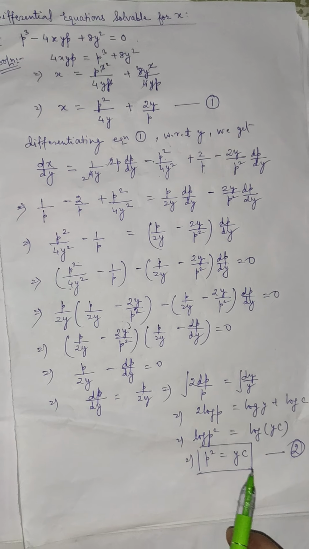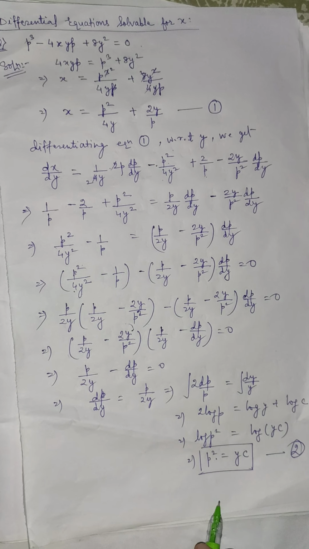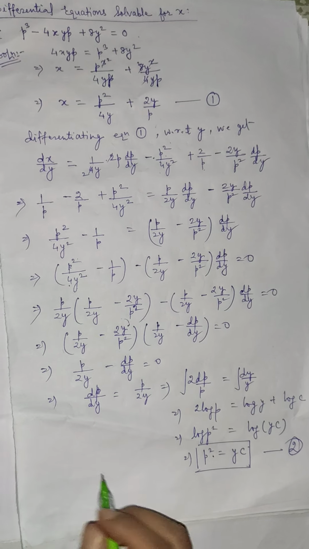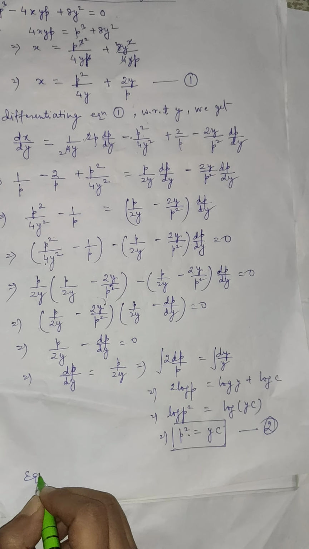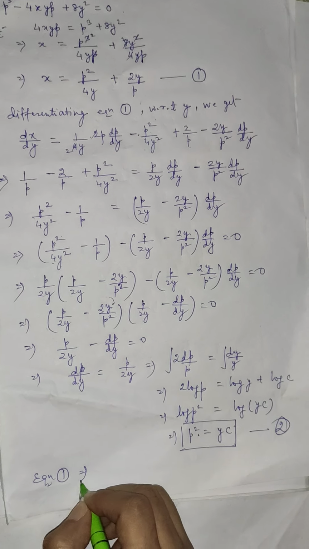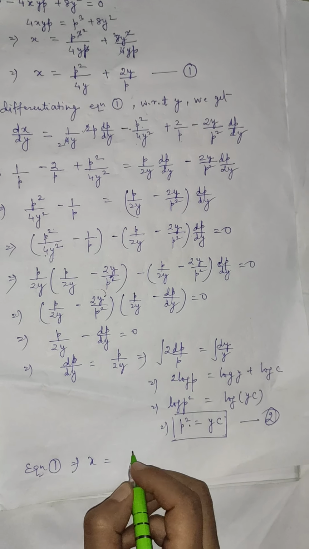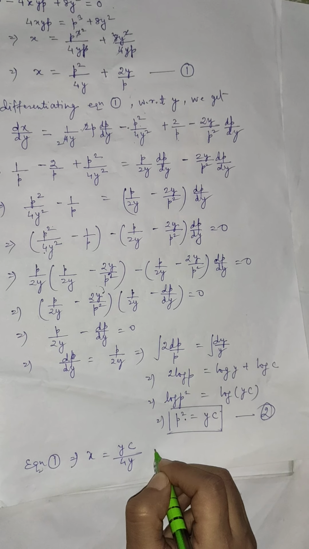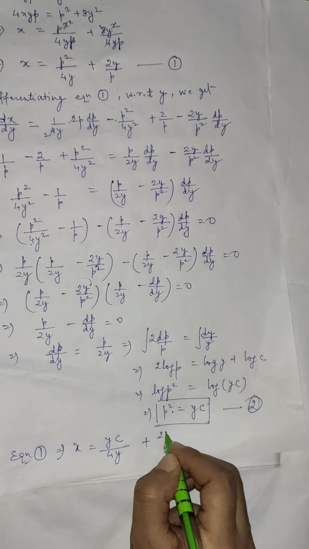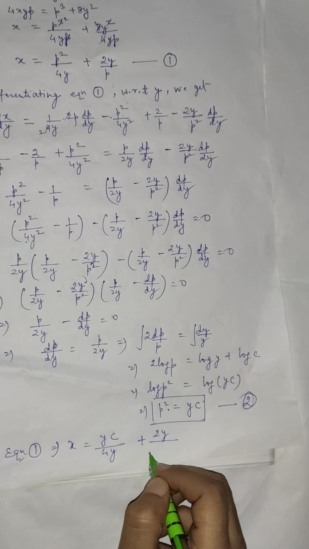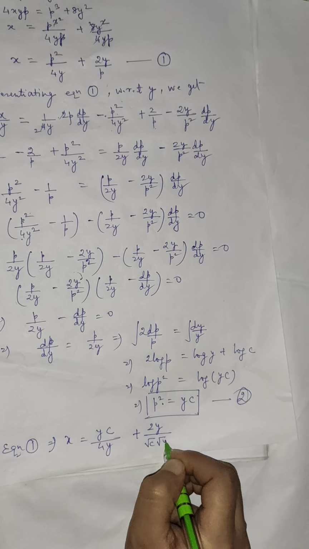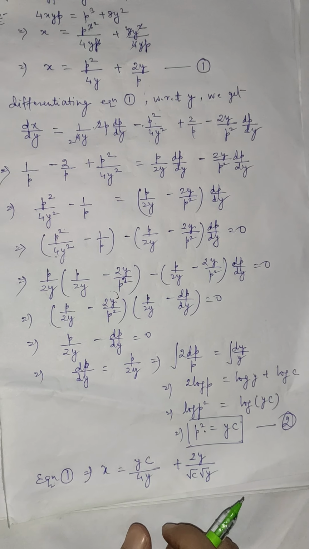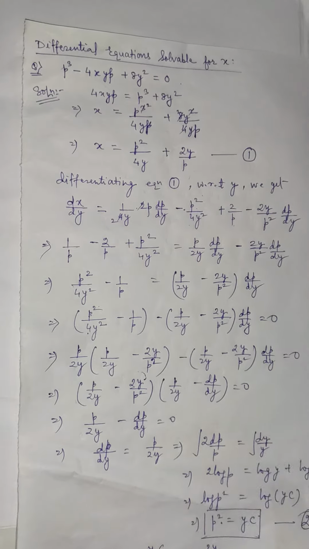Now we will put the value of p square from equation 2 in equation 1. So equation 1 implies x is equal to p square, means yc by 4y plus 2y by p, that means under root c under root y. So we have this value. Now we need to solve this value to get the required solution.